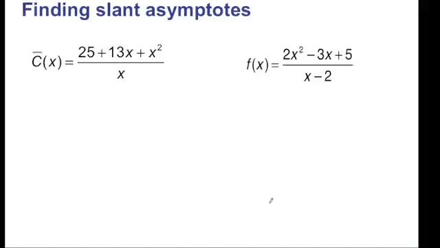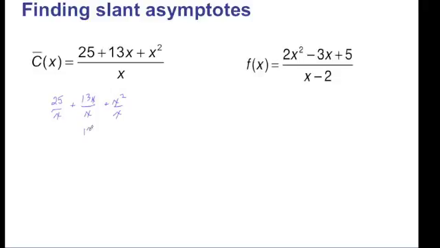Well, let's find a couple slant asymptotes. This is the function we saw, the daily cost function. If we take the numerator divided by the denominator, let's take each of those terms in the numerator and divide it by the denominator. So we have 25 over x, 13x over x, and x squared over x.